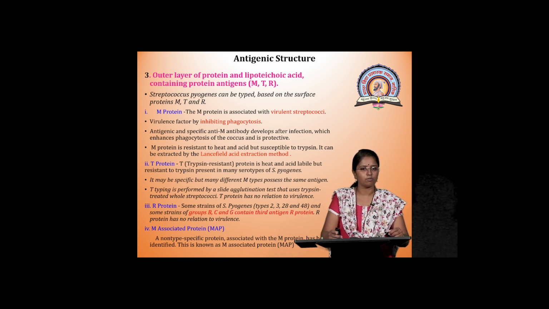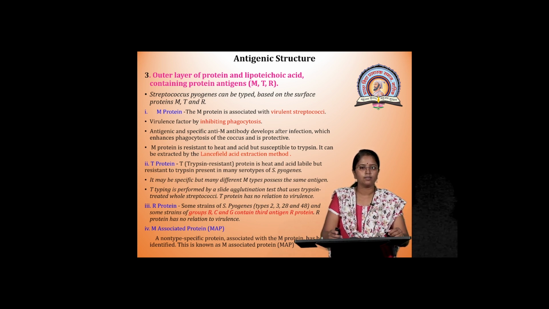Specific anti-M antibody develops after infection, which enhances phagocytosis of the coccus and is protective. M protein is resistant to heat and acid but susceptible to trypsin. It can be extracted by the Lancefield extraction method.